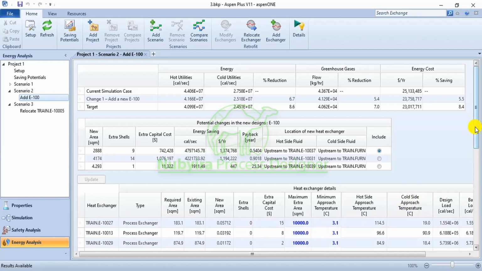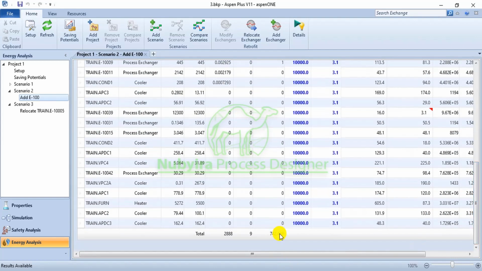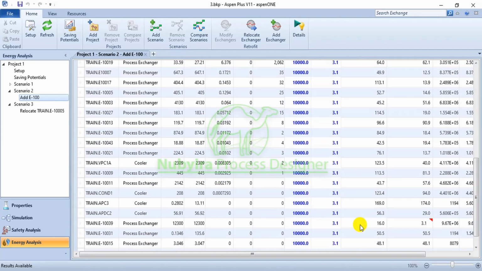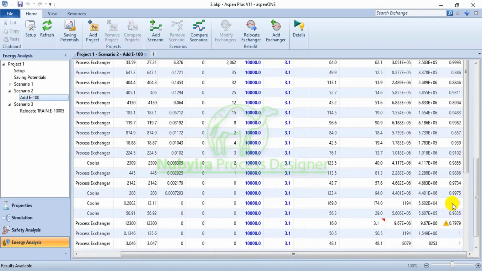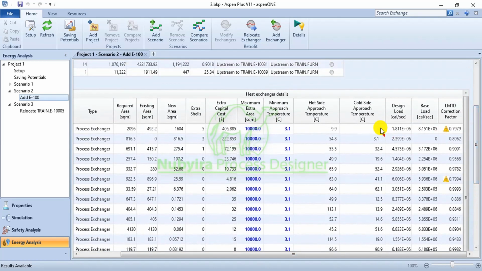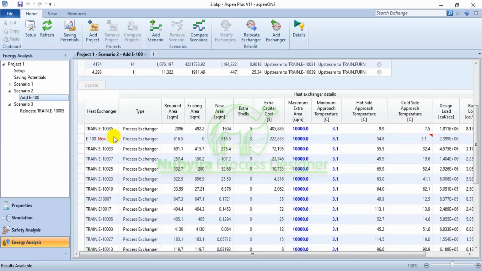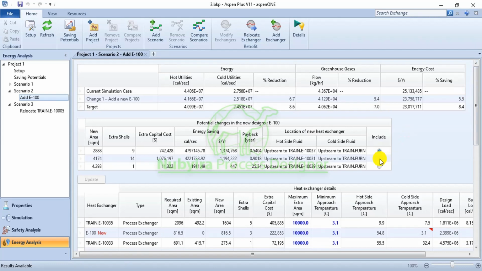So you can see the total cost of the process here, and these are just the other variables that are important: the temperature approach of the hot side and the cold side, and the load and the log mean temperature difference for the heat exchanger network. Then you can switch between each scenario for the heat exchanger to add and see the difference in order to make the right decision.